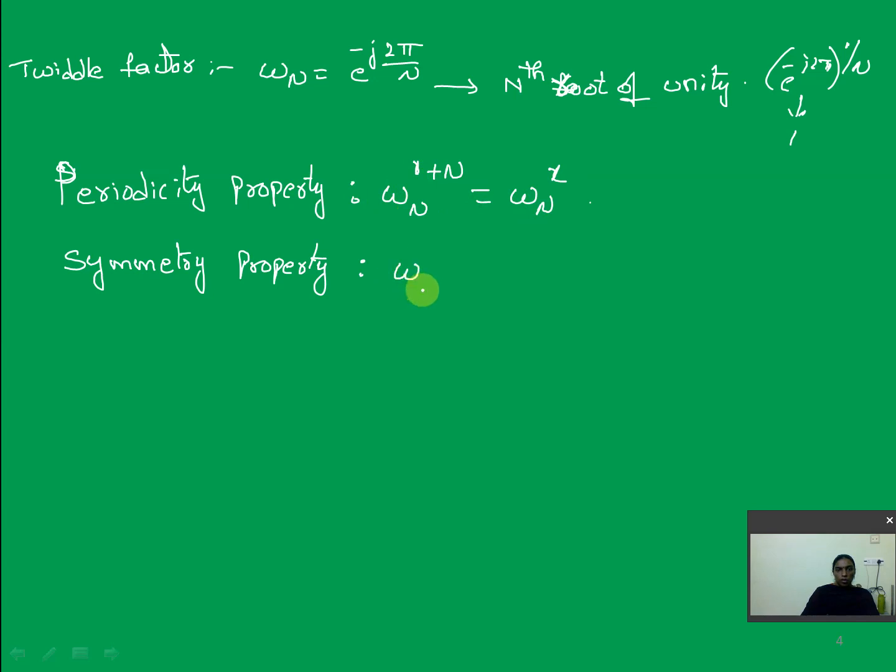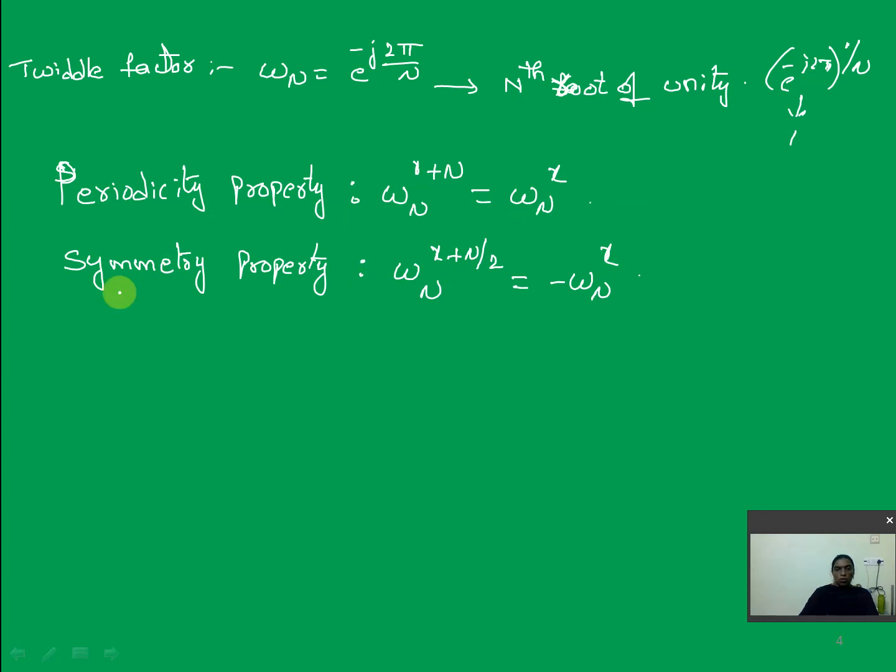Symmetry property means W N power x plus N by 2 is equal to minus W N power x. These two are very important. Based on these two properties we can simplify the twiddle factor calculations easily, right?